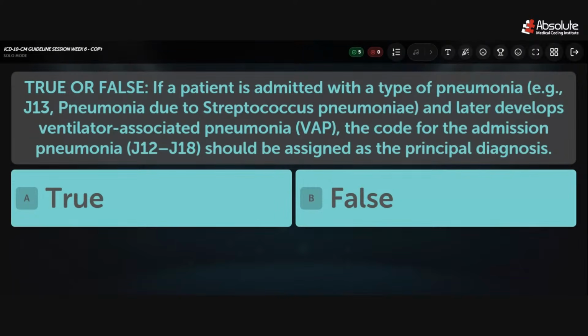I apologize. So again, this is going to be a sequencing question. So yes, if a patient is admitted with pneumonia and that develops into ventilator associated pneumonia, are we going to code this code? True or false? Let me know in the chat.